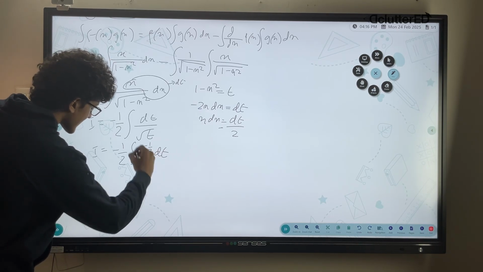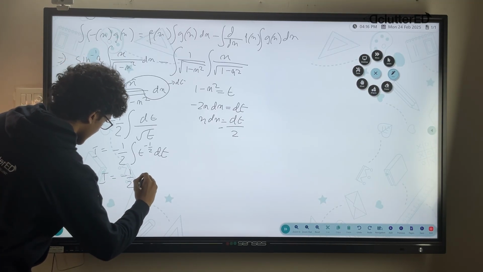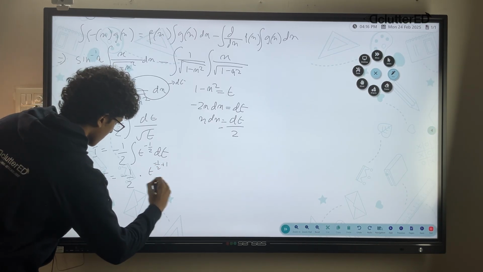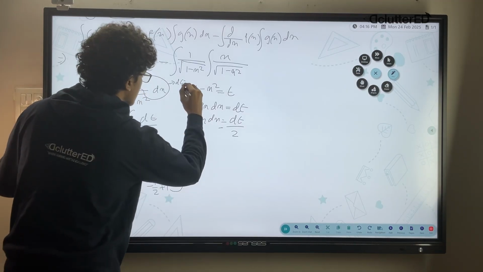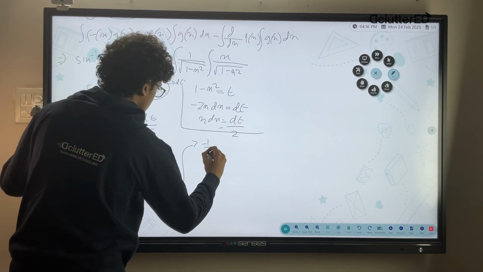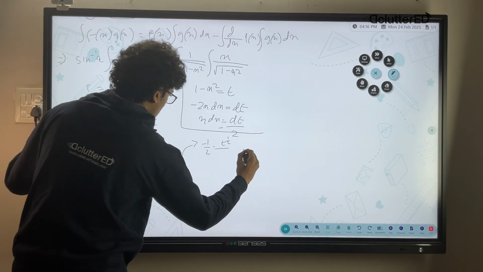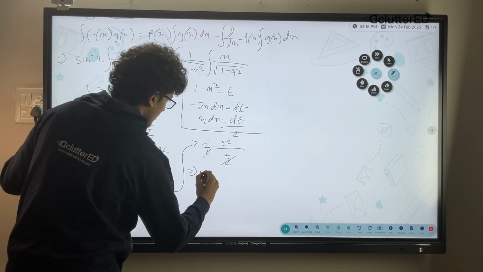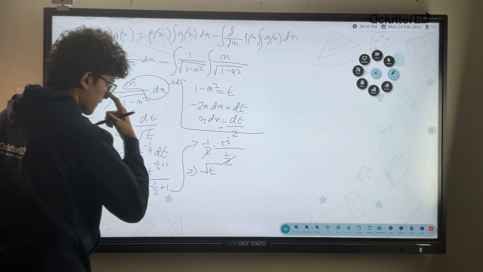By integrating this, we get negative 1 by 2 times t to the power negative 1 by 2 plus 1, divided by negative 1 by 2 plus 1. So we're going to get negative 1 by 2 times t to the power 1 by 2 divided by 1 by 2. Our 2 and 2 are going to cancel, and we're going to be left with negative root t.